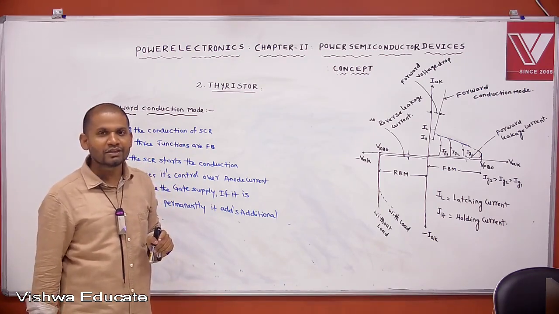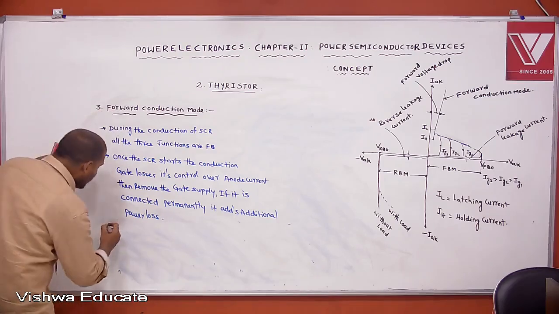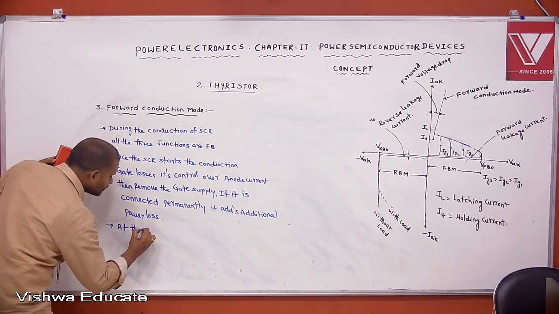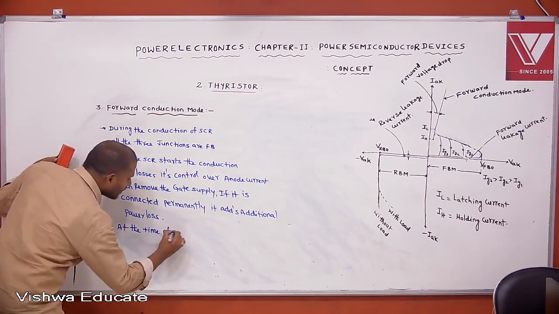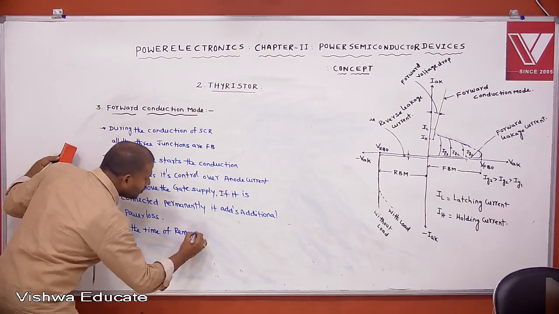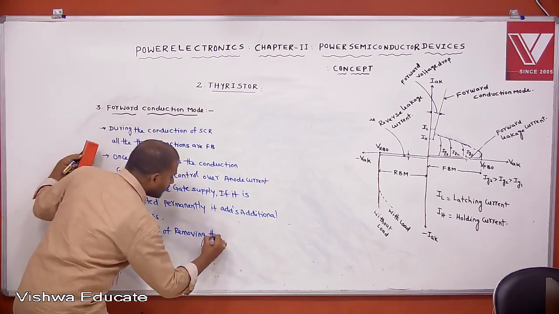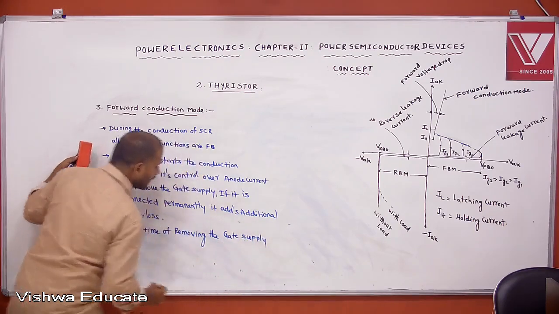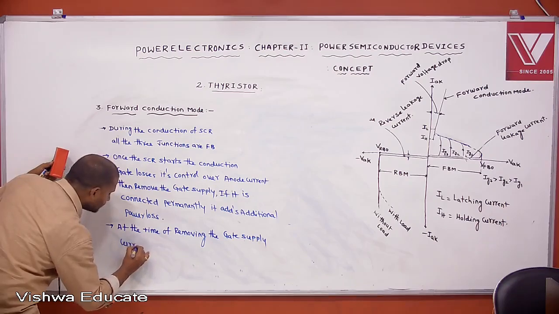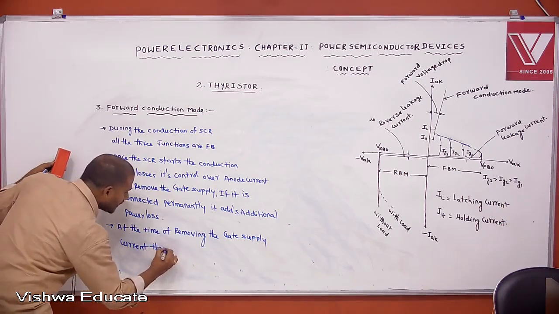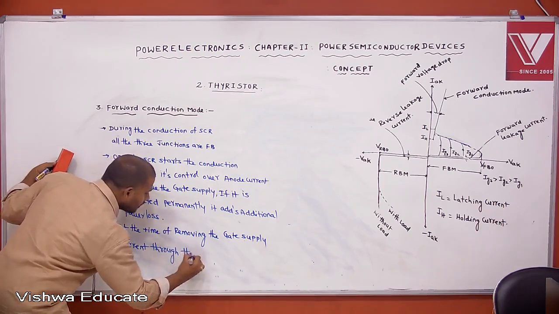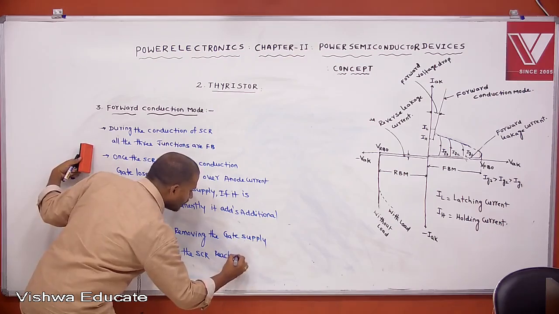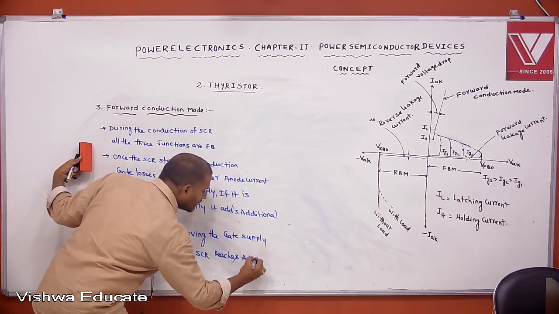Understood or not? That's why, at the time of removing the gate supply, the current through the SCR reaches a minimum value of current.